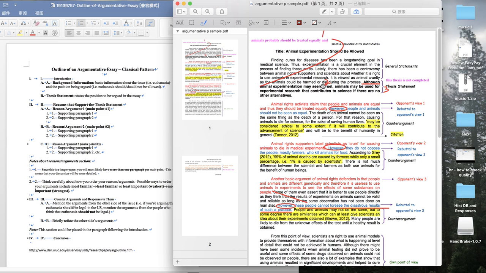May seem cruel. Animals may be used for experimental research that contributes to science if there are no other alternatives.